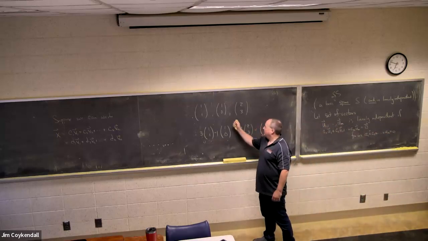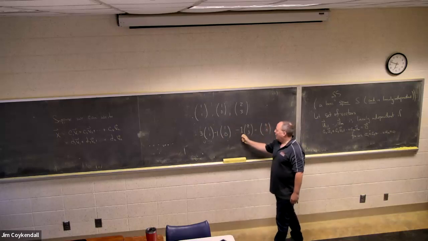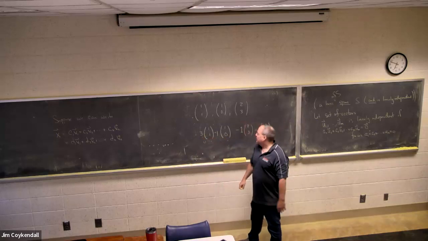There's a linear combination of these 3 vectors that is the zero vector, and all the coefficients are not zero. So that's another way to look at it.